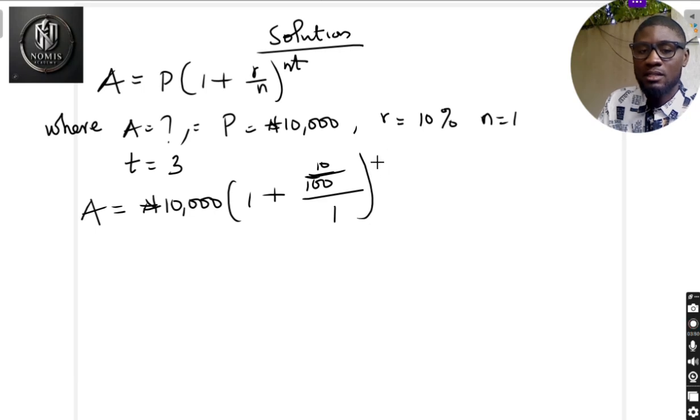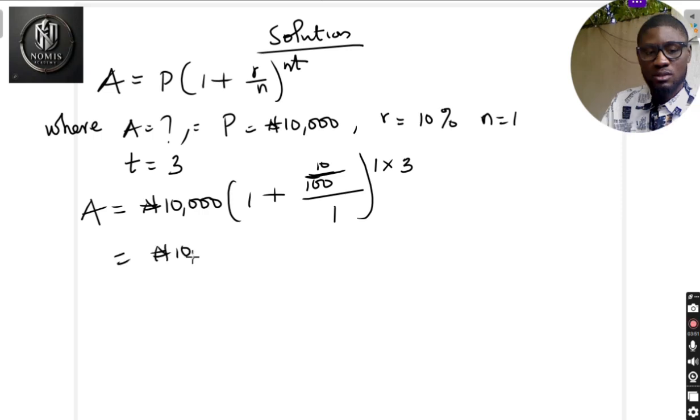The N is 1 multiplied by 3. So we just input all the parameters in the formula. So this is 10,000 open bracket 1 plus 10 all over 100, which is 0.1, right? All over 1 is still 0.1, raised to the power of 3.